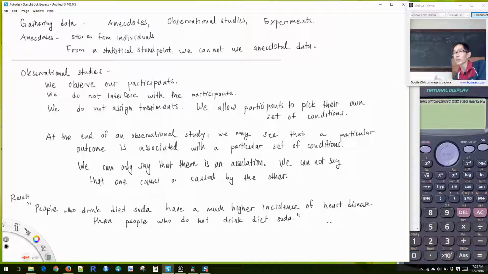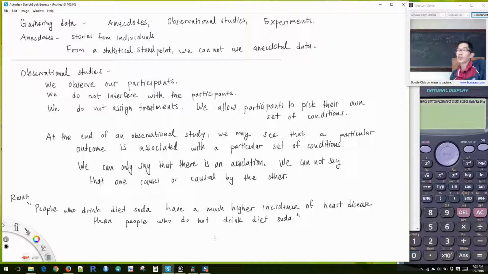Okay, and then if you also think of other people who are very healthy, people who are into fitness and eating healthy or whatever, they are less likely to drink diet soda in the first place. Okay, and it only takes small changes between groups within the population for these types of differences to become noticeable. So it's not necessarily that diet soda is causing higher risks of heart disease or anything like that.